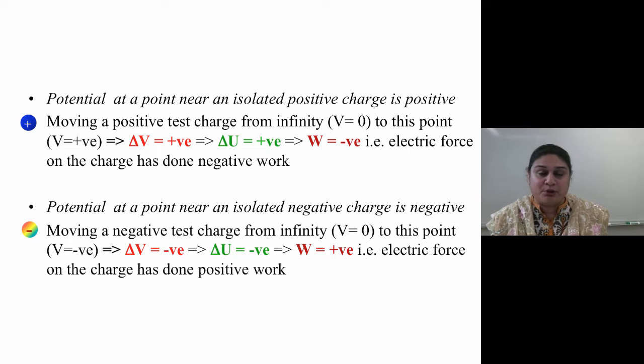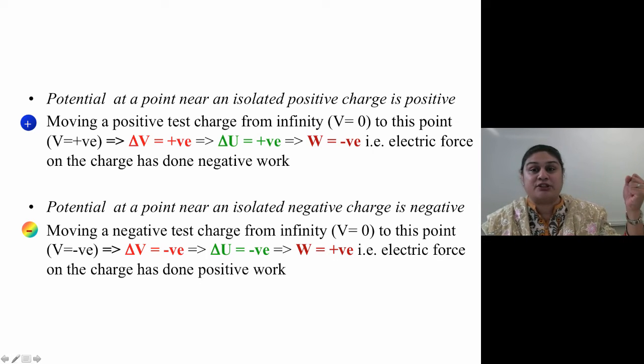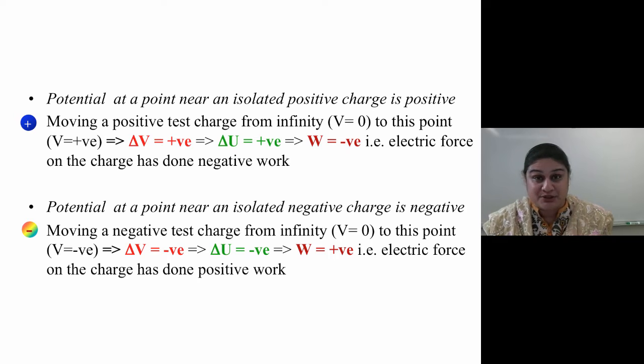Another factor that's very important: if you have an isolated positive charge, the potential around it is going to be positive. What does that mean? To move a positive test charge from infinity to somewhere close to this positive charge, you will have to do positive work, which means you will have a positive change in potential energy and a positive change in potential.